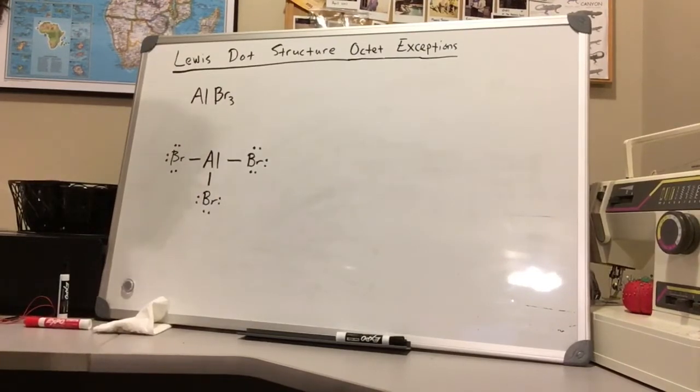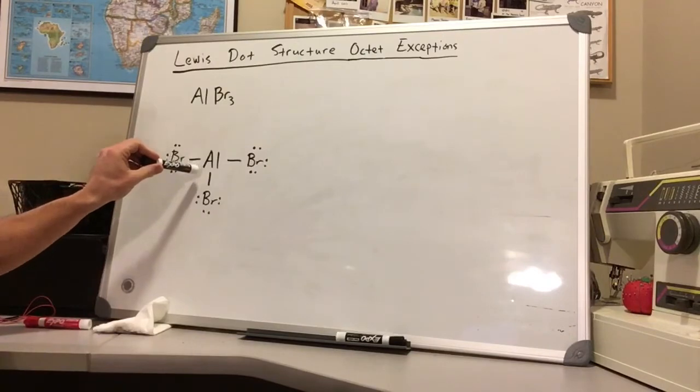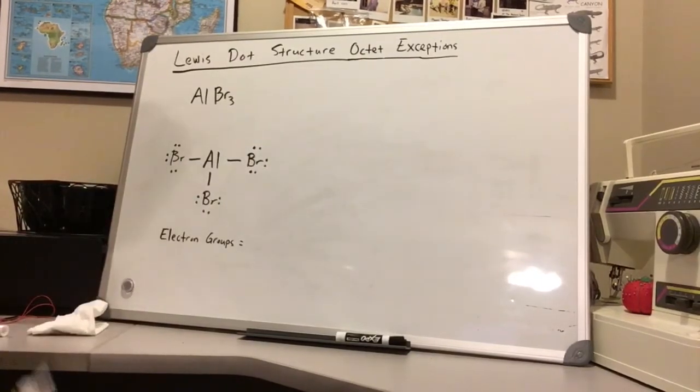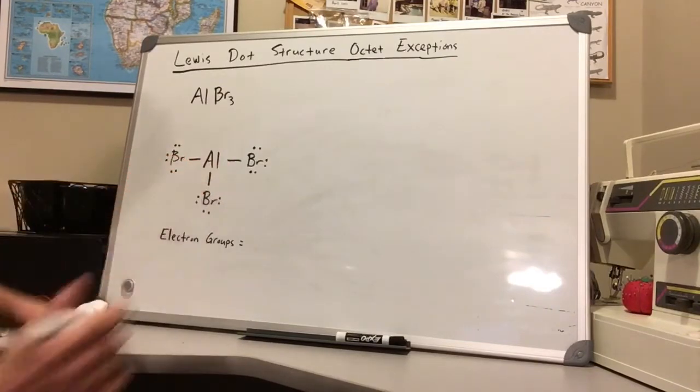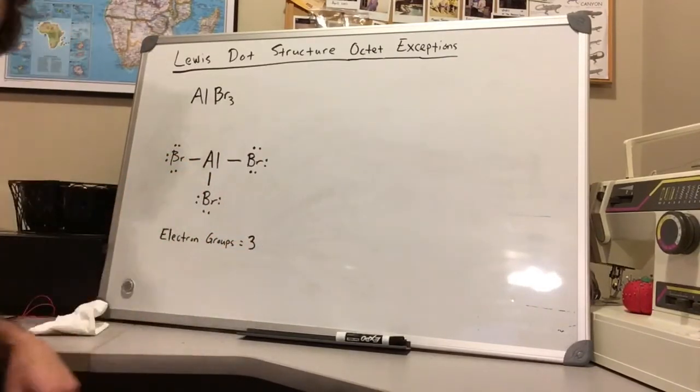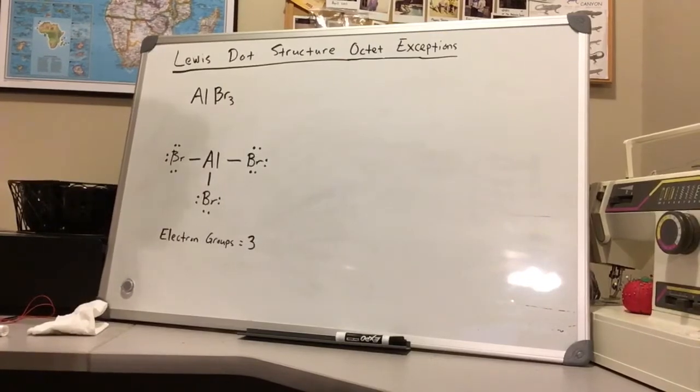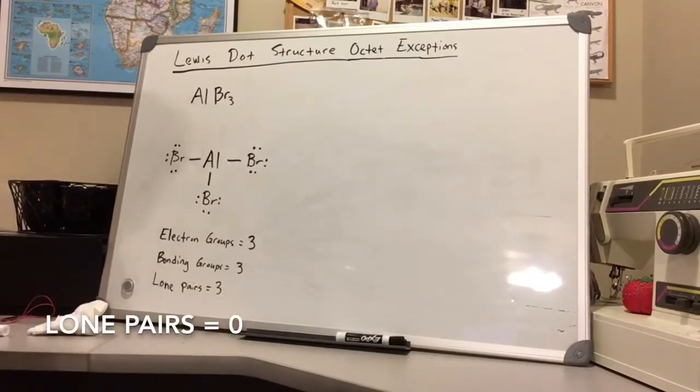From here, to determine the molecular geometry of this aluminum bromide molecule, I look at my central atom, aluminum. The number of electron groups that I have here, I've got 1, 2, 3. And I know that all of these three are bonding groups. We have no lone pairs. So from here, I can look at my molecular geometries chart that I gave you guys on Monday.